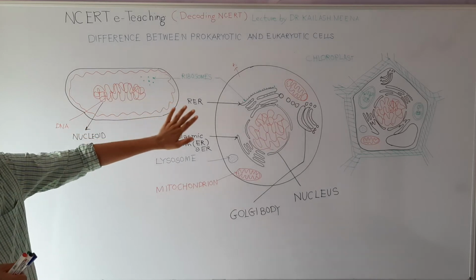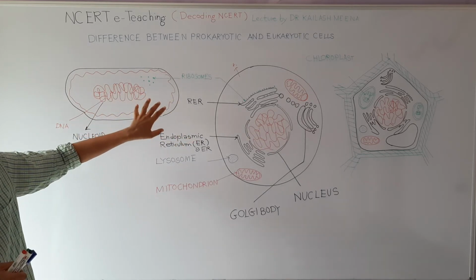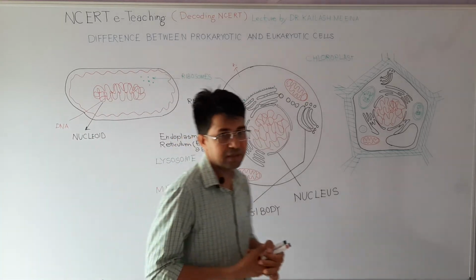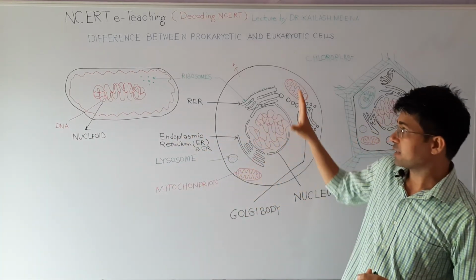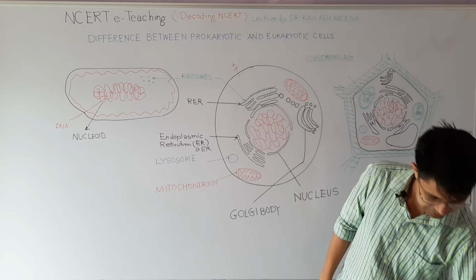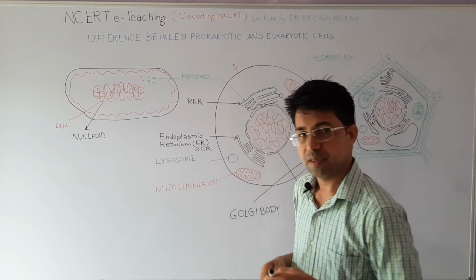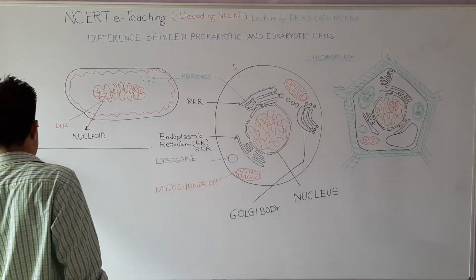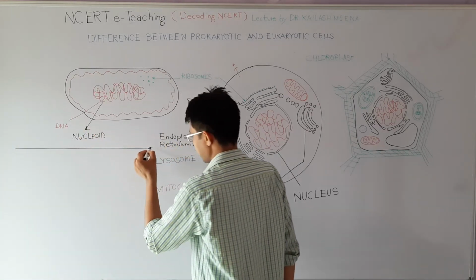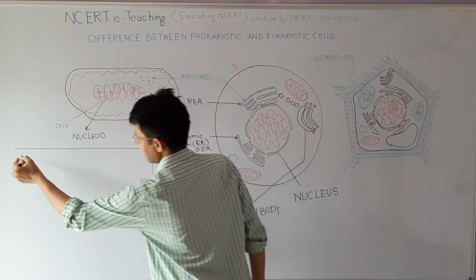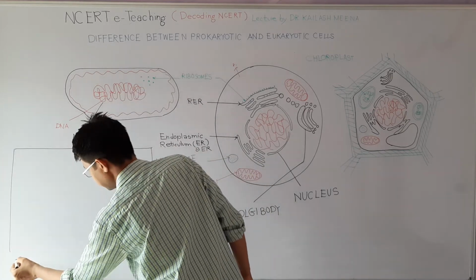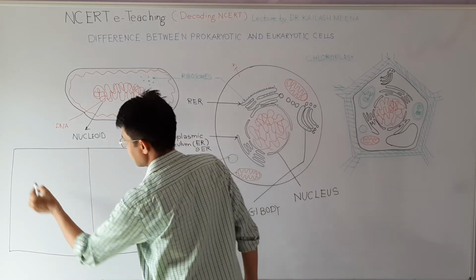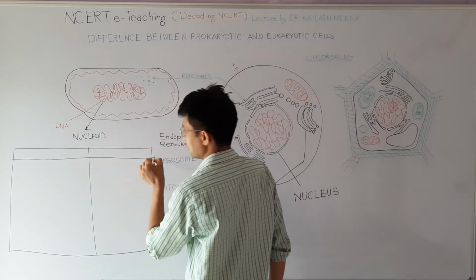So prokaryotic cell and eukaryotic cell, both of the cells perform all the essential functions, but eukaryotic cells have many compartments. So if you want to write differences between prokaryotic and eukaryotic cells, let me make one table for this. So you can make a table in your notebook. This type of table, you can make 2 or 3 columns.